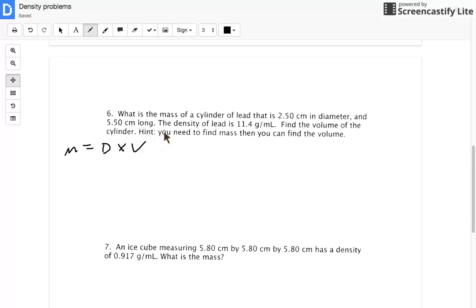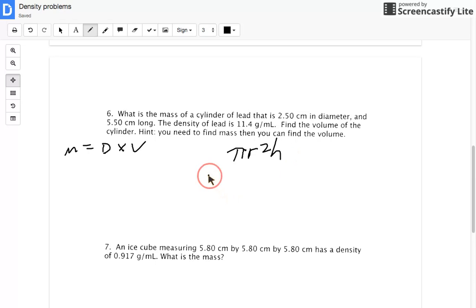So, like the hint says, to find the mass, you need to calculate the volume. Let's do that first. For a cylinder, there's an equation: pi r squared h, and that equals the volume of a cylinder.